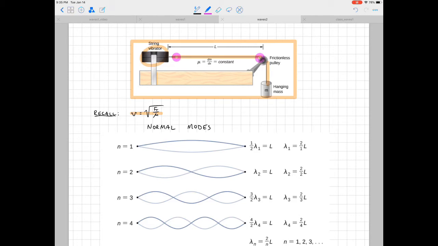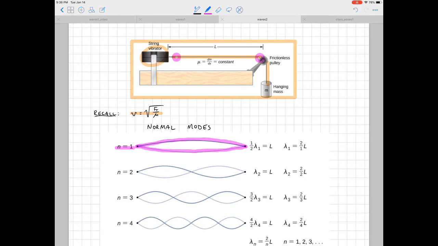And so what's the wavelength of that wave? Well, down here we've got it listed. A wave that goes through half of the oscillation in the full length of the string, and then undergoes the other part of the oscillation on the way back, that would be our first standing wave, the n equals 1 standing wave from the previous page.